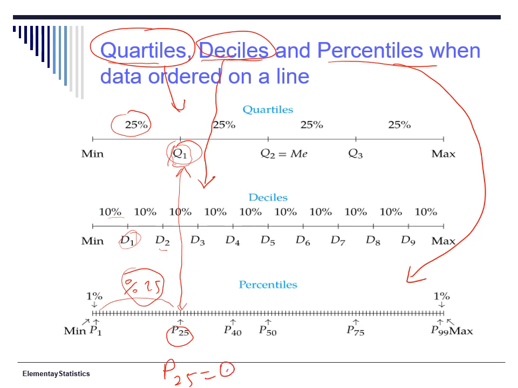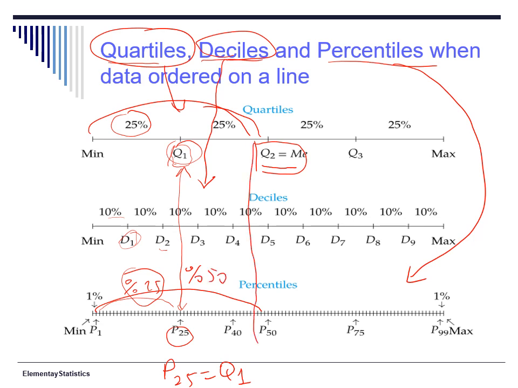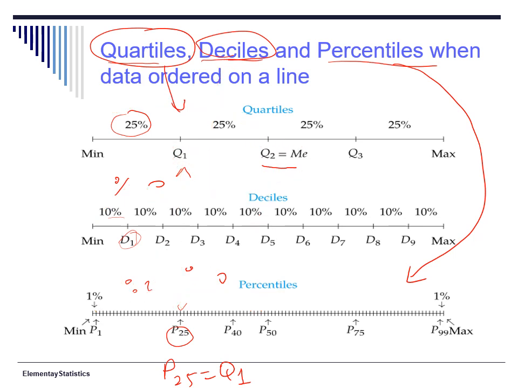So you can say P25 and Q1 are the same. Then you can do the same thing: 50% of the values are less than Q2, and P50 has the same property. 50% is here, so Q2 and P50 are the same. And we have the same thing for D5, again 50%. You can compare them by looking at the percentages.